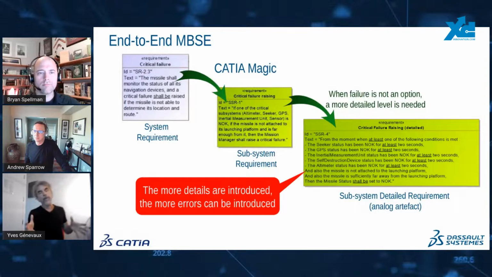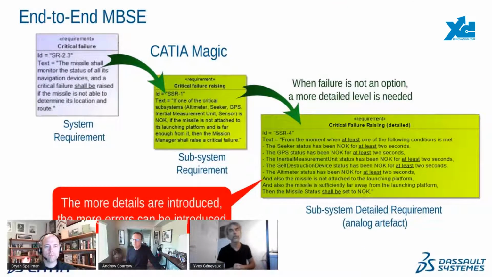So the reason for that big proportion of erroneous requirements is explained here. Actually, when you have a process, you go classic top-down, starting with system-level requirements, subsystem, etc., that you could do within the system environment, such as CATIA Magic.